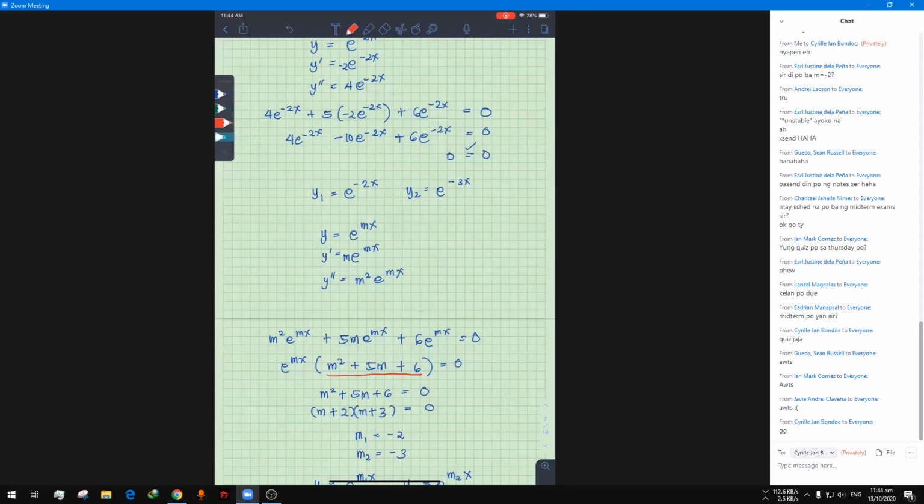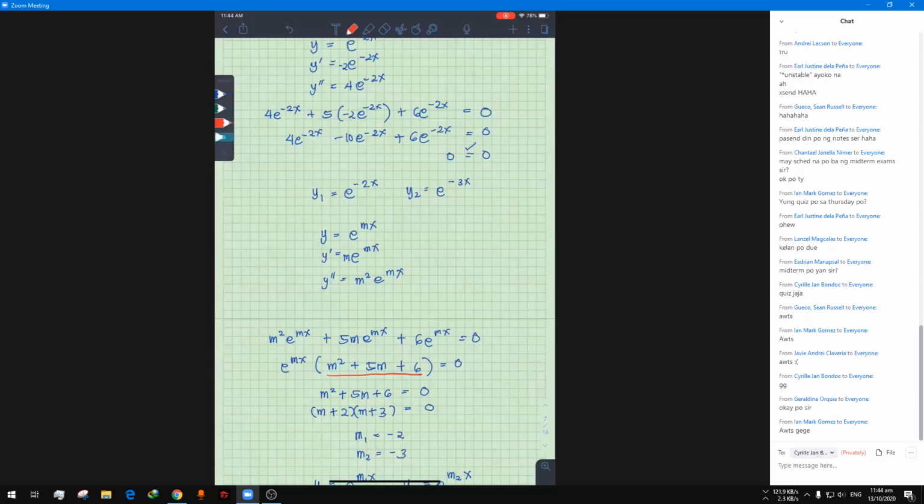Okay? So usually, 2 decimal places, pag numerical answer, except dun sa pag pinapahanap yung value ng C or value ng K. Usually kasi pag maliit yon tapos decimal, ginagawa ko up to 4 decimal places. So read the instruction. Naka-specify naman.